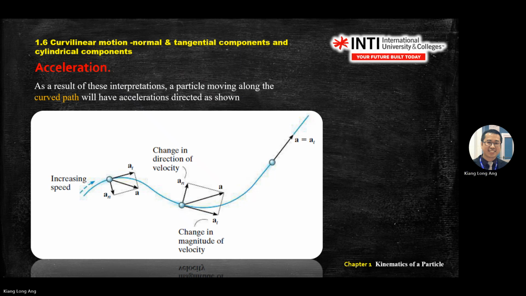So if the question says the particle moves in a straight line, it's an AT problem, or you link back to the earlier equations. What you learned from here, go back to here and solve. When it becomes a curve, then only do you call back the two equations that we mentioned just now. AT is what? dV/dt. AN is V squared over rho. That's the only difference.